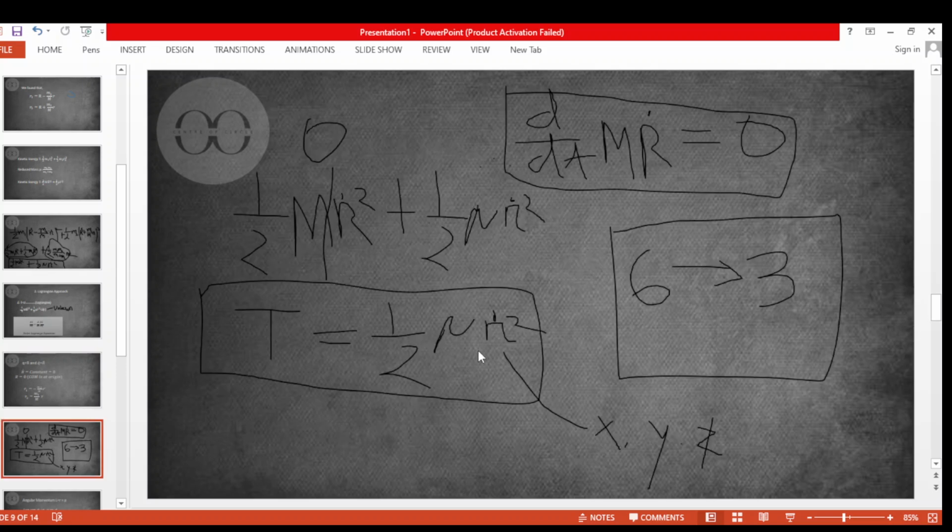Then we substituted the value of R dot in our kinetic energy equation, which we found in the first topic, which was half capital M capital R dot square plus half mu small r dot square. Here capital R dot becomes 0, and our kinetic energy equation becomes half mu small r dot square, which had 3 degrees of freedom.